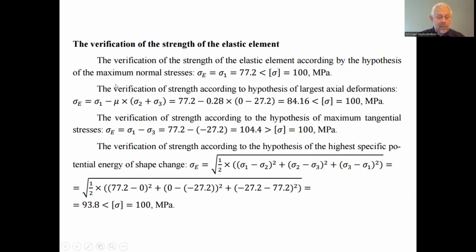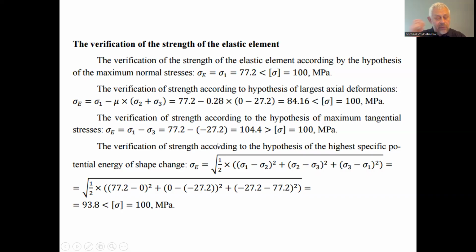What we have in the brackets is the equivalent normal stress, which has to be equal to the brackets magnitude, 84.16. This is less than the assigned permissible magnitude of the normal stresses, 100 megapascal.